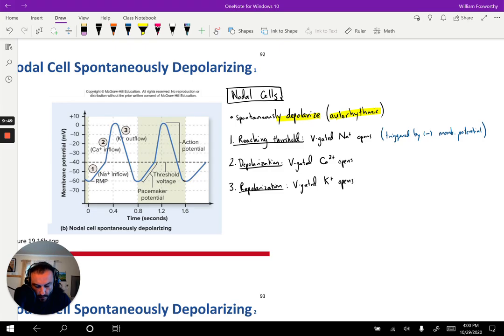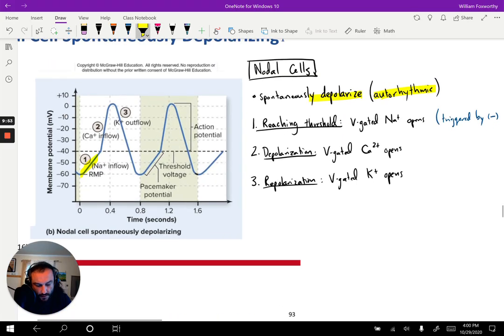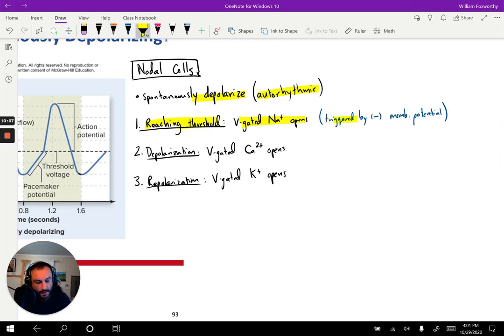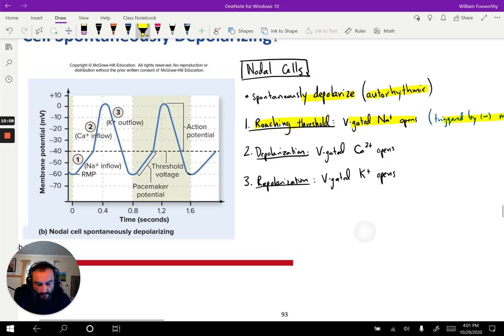We're going to start here, number one, at reaching threshold. What happens to reach threshold is that you have voltage-gated sodium channels opening up. And these voltage-gated sodium channels are funny. They're triggered by a negative membrane potential.